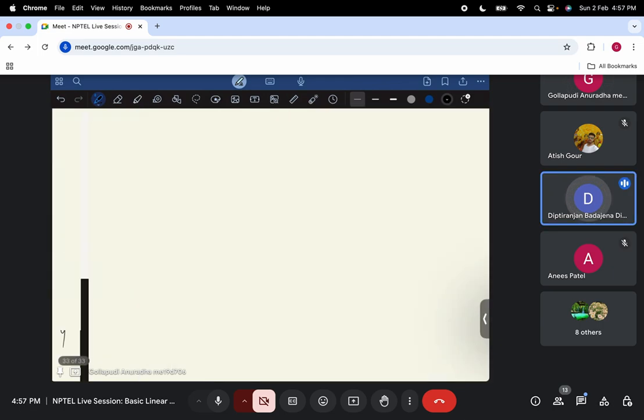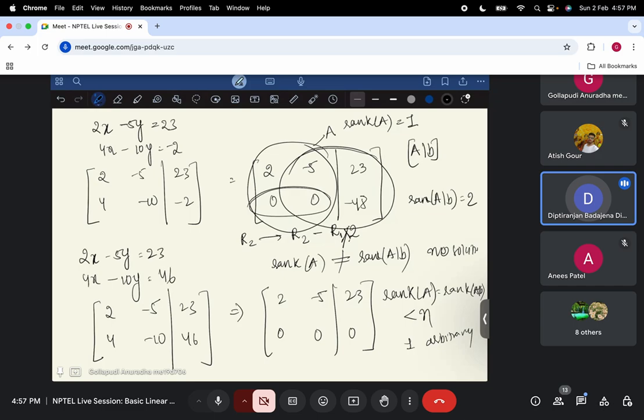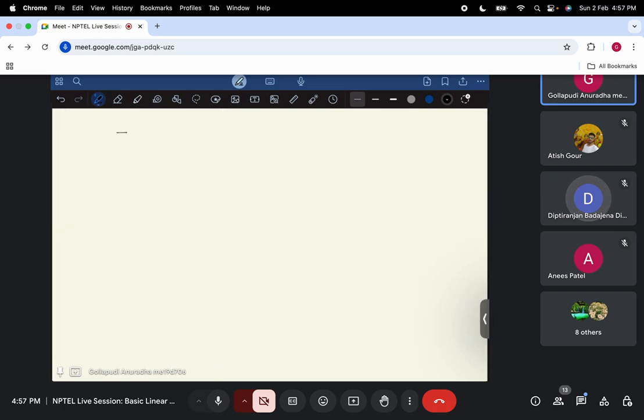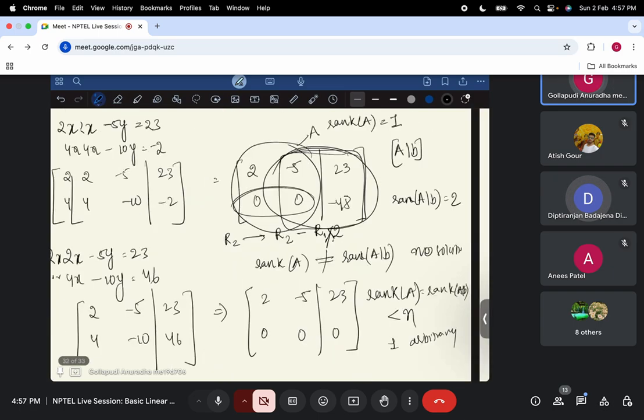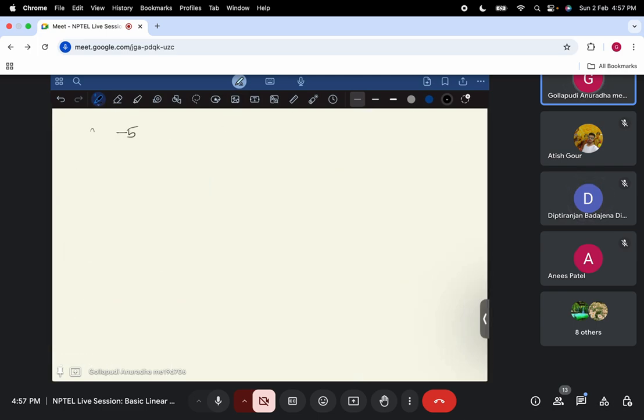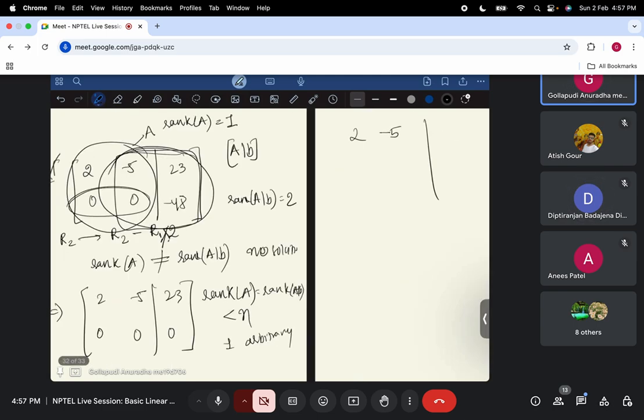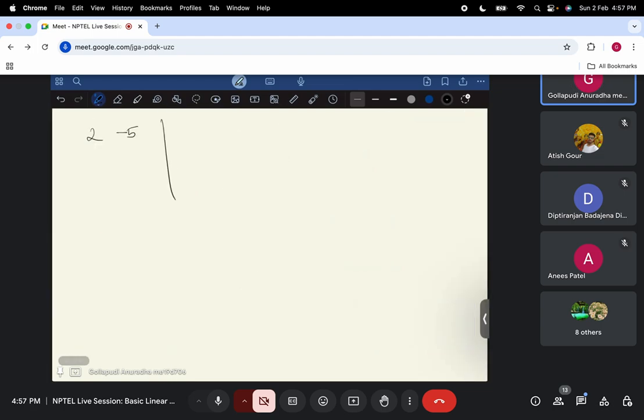Ma'am, in the second example, 2x minus 5y equals 23, 4x minus 10y equals minus 2. How do we know the rank of the augmented matrix is 2? You can just solve for this. For example, here we have 2, minus 5, 23, 0, 0, minus 48.